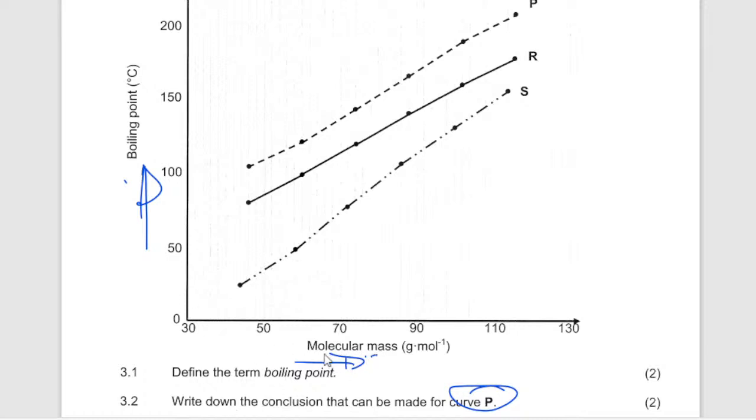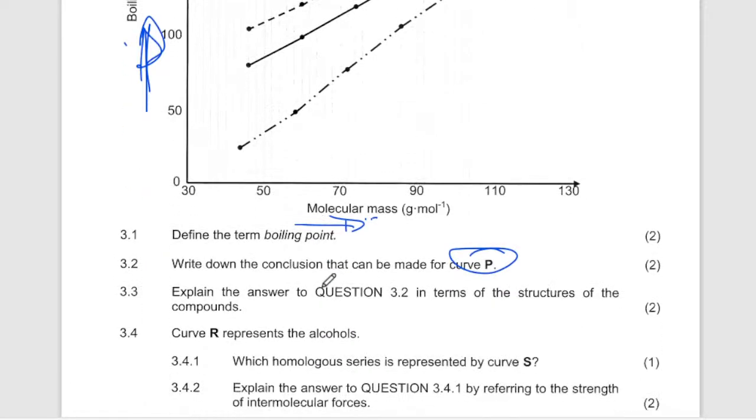You can't say that the mass increases as boiling point increases. No, it's the boiling point increases as the mass increases. Why? Because the mass causes the boiling point to increase. If you have reversed it, maybe they could give you a tick, but that's the most correct answer. Then they're saying explain the answer and the structure. Okay.